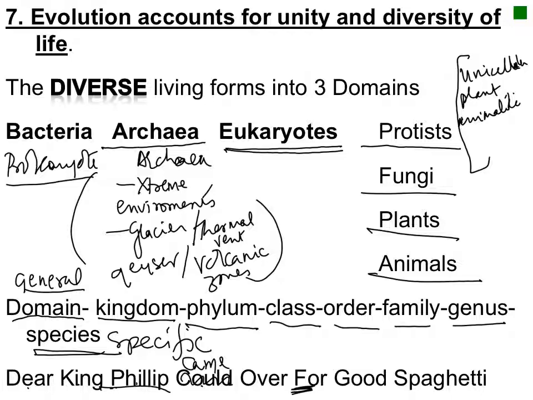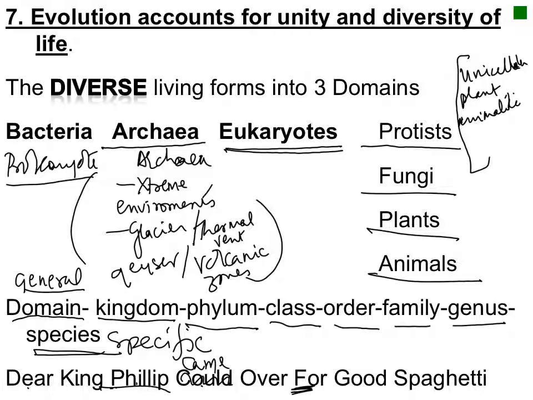Okay, then you have the, let's say, more sophisticated or more evolved than the prokaryotes, the eukaryotes. A few slides back, I told you the differences between a prokaryote and a eukaryote.